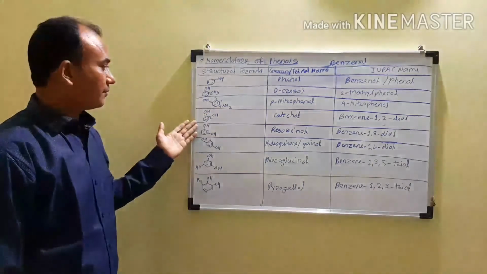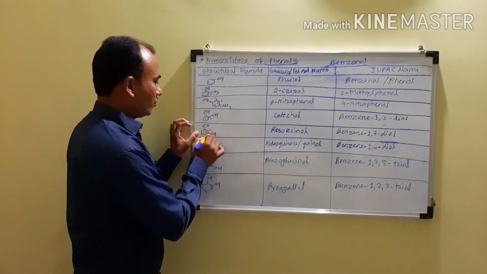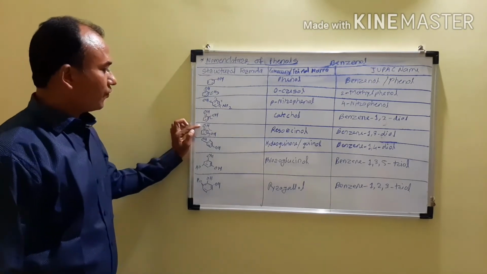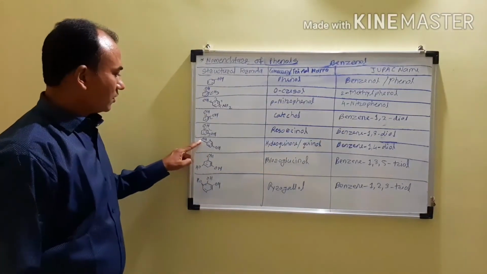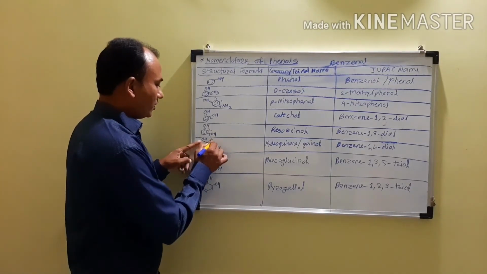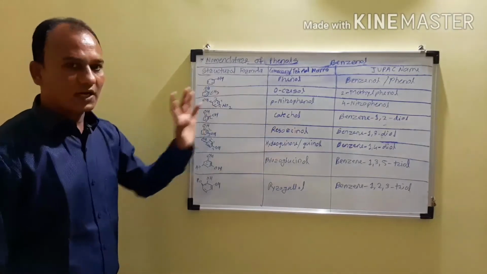So the rules are the same. Then with positions 1, 3, it is benzene-1,3-diol. Then numbering 1, 2, 3, 4, it becomes benzene-1,4-diol.